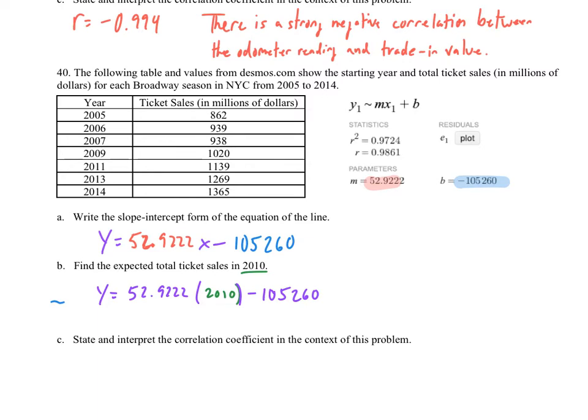All right, so that gives me 1113.62. They haven't used any decimals in their y value, so I'm going to go ahead and round this up to 1114. That's in dollars, and it's also in millions. So 1,000 millions is actually a billion, so this would be $1.114 billion, but it's fine if you leave it in millions. Just thinking about what it means, though, it's over $1 billion in sales.